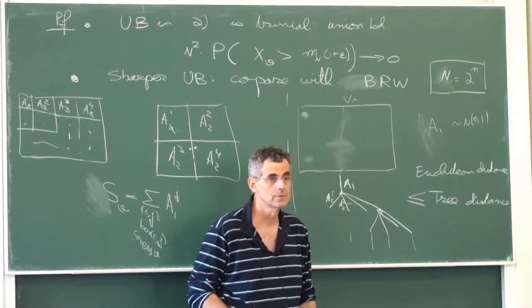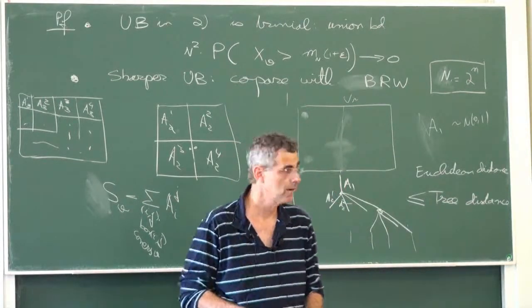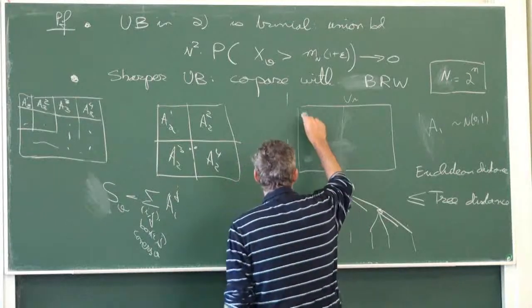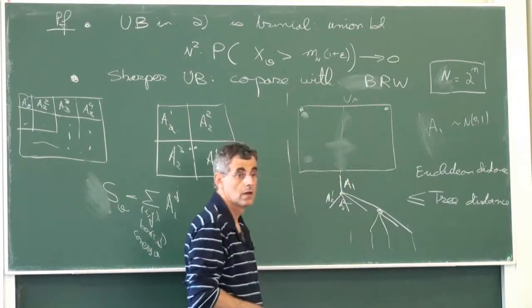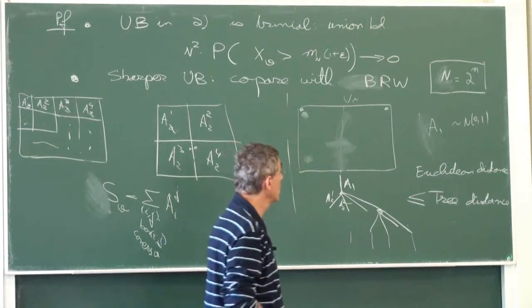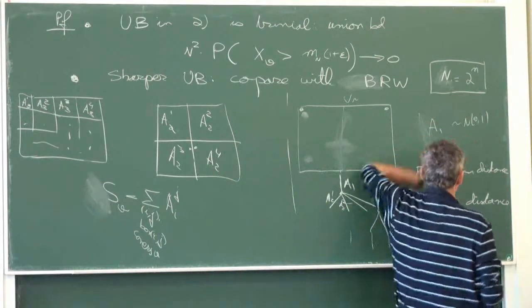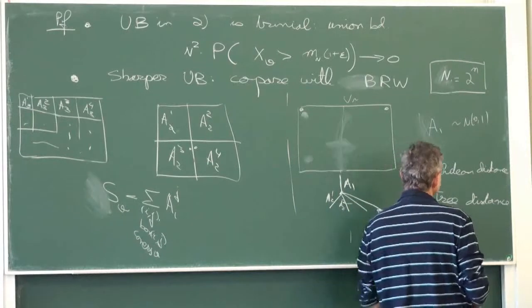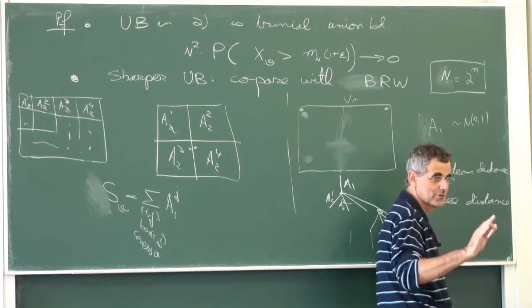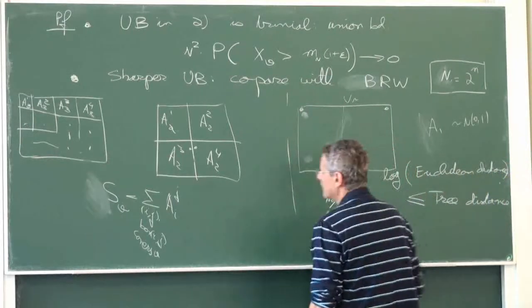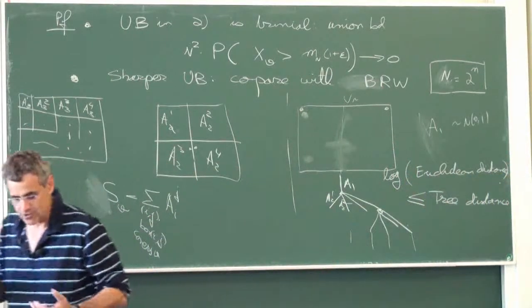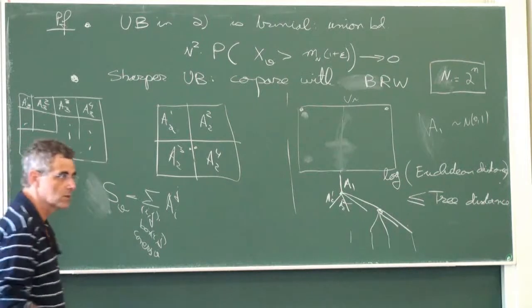Question: the top leftmost vertex and the top rightmost vertex have a Euclidean distance of order 2 to the n. No, small n. I should have written log. Of course, everything is here on this logarithmic scale.